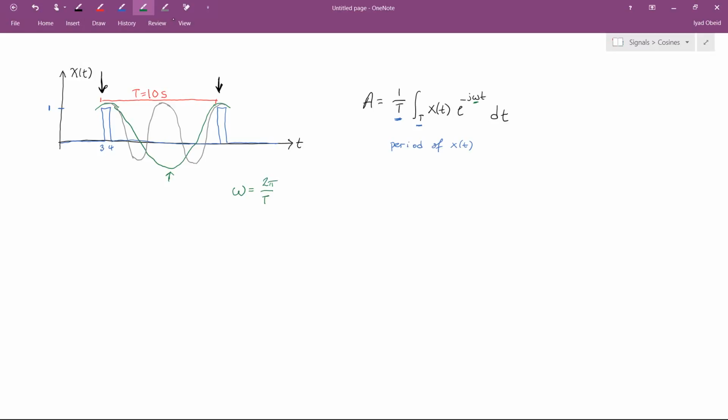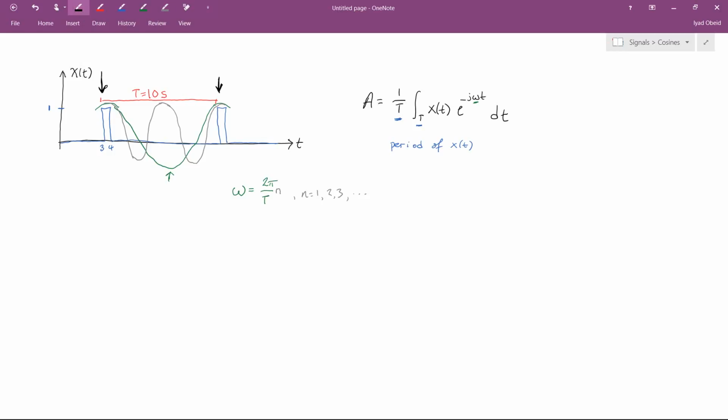Then I'm going to argue that no matter what happens, we only need integer multiples of that frequency. So I'm going to take 2 pi over T and look for integer multiples of it: n equals 1, 2, 3, and so on. That will provide the property I'm trying to get at, where the signals will line up every 10 seconds. So using this, let's go ahead and solve for a.